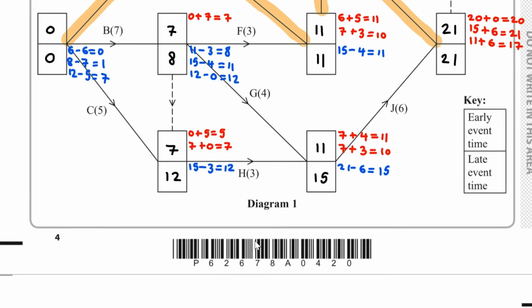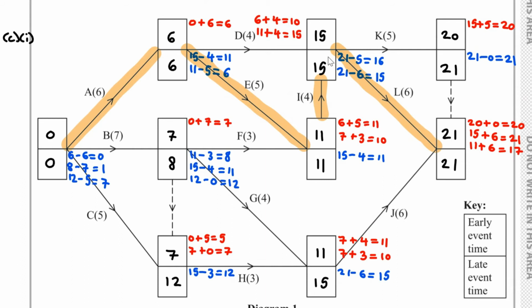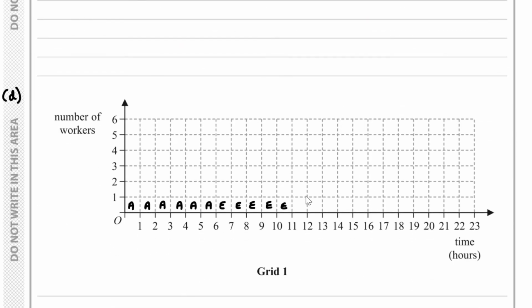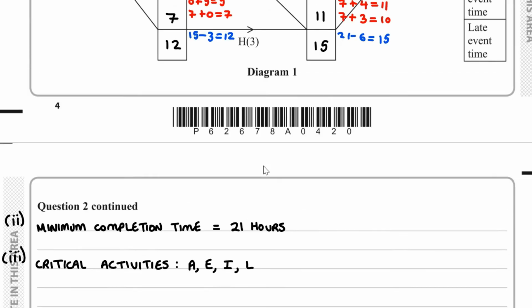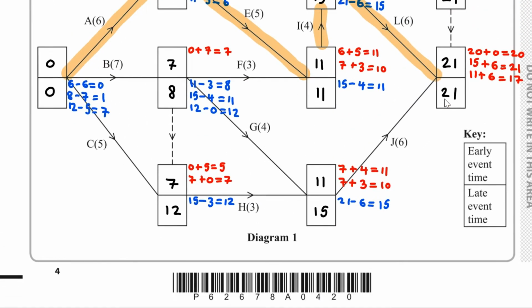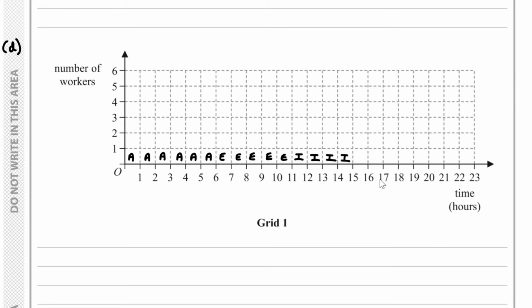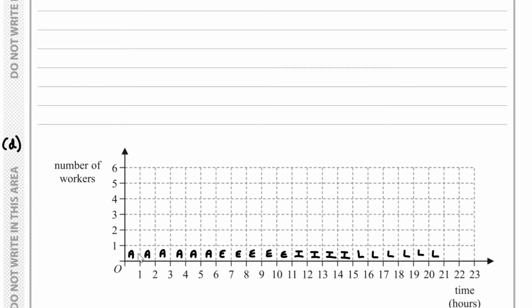Then we have I, and that has duration 4, which takes us up to 15. So here we have I, and then if we take a look at L, this has duration 6, which takes us up to 21. So here we have L. So that's the critical activities shown.